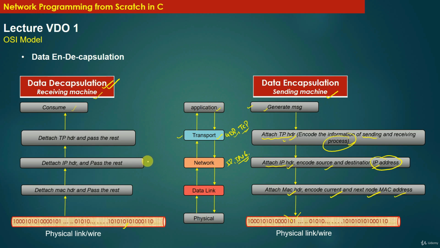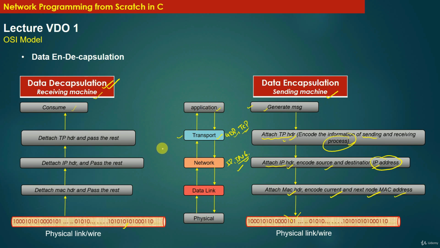That we will discuss in detail when we will be discussing each of the layers of the TCP/IP stack in the subsequent modules. In data encapsulation, each layer attaches its own header and passes the message with its header to the layer running below it in the TCP/IP stack. And in the data decapsulation process, each layer receives the data or packet from the layer running below it in the TCP/IP stack.